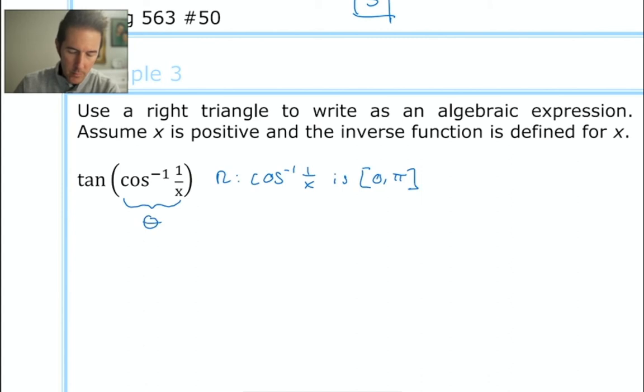This is an angle measure that's between 0 and pi. So when we draw the diagram that corresponds to that angle measure, we're going to be drawing it in either the first or second quadrant, somewhere between 0 and pi. However, cosine is negative in the second quadrant. Therefore, we will be drawing our diagram in the first quadrant.